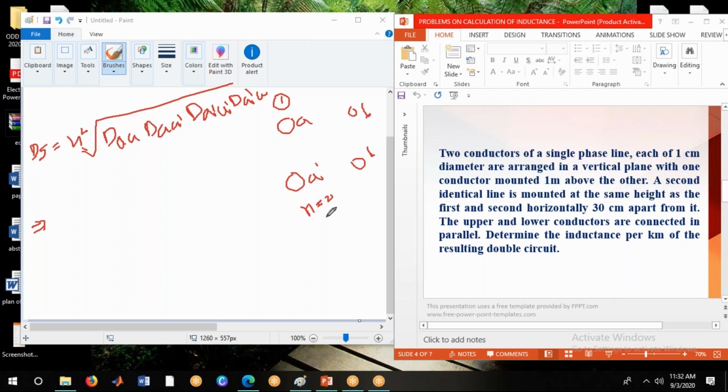And here we have two strands. So you will get the 4th root of the distance DAA, which is nothing but R dash, and the distance between A and A dash is 1 meter, into R dash, into 1. Find the value of DS.